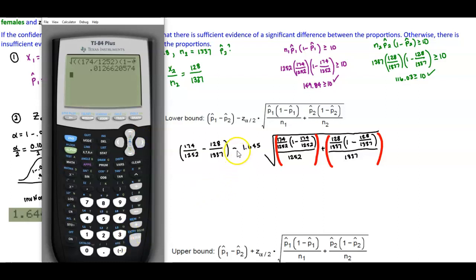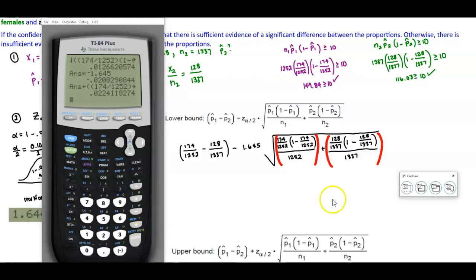Okay, now we're going to multiply that by minus 1.645. So we're going to multiply that by negative 1.645. Okay, and then we're going to add this. So we're going to take parentheses and then another parentheses, 174 divided by 1252, and then minus parentheses 128 divided by 1337, and parentheses, and hit enter, and then we get the following result.